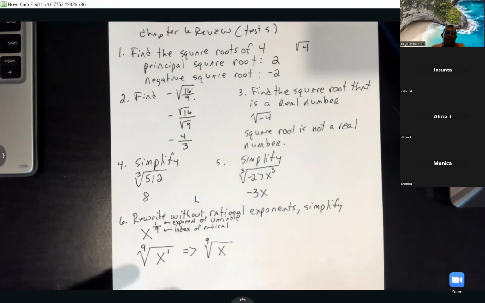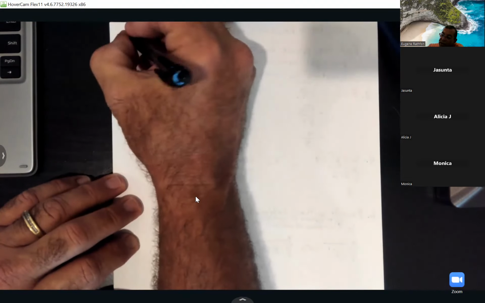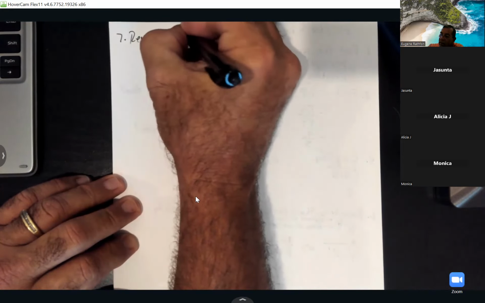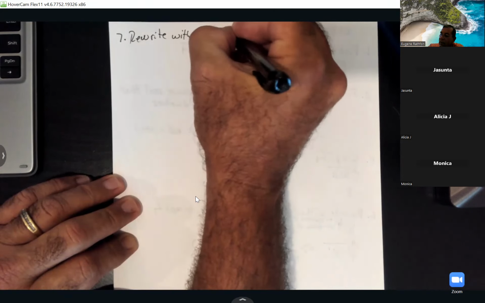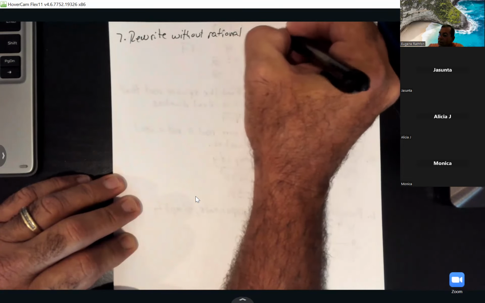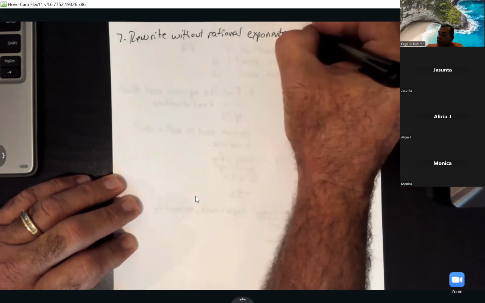Now, number 7 will be the same thing, but we will actually have to simplify it. So let's see. So y'all, number 7, rewrite without rational exponents. And once again, simplify if possible.